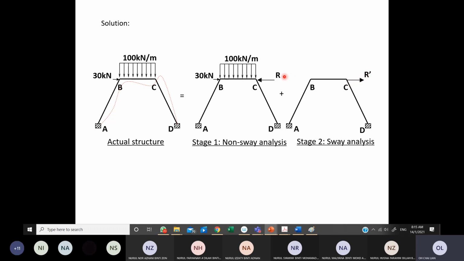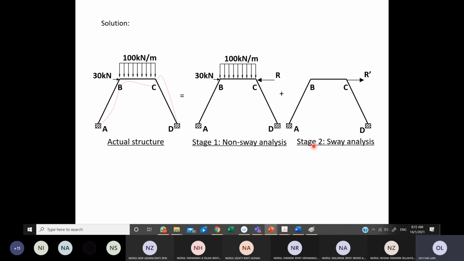Then R plus R prime should be equal to 0. We are not talking about the values of R and R prime here because they are imaginary, and we have made assumptions on them. In your calculation later, the R value and R prime value will not be the same, but the directions must be opposite.